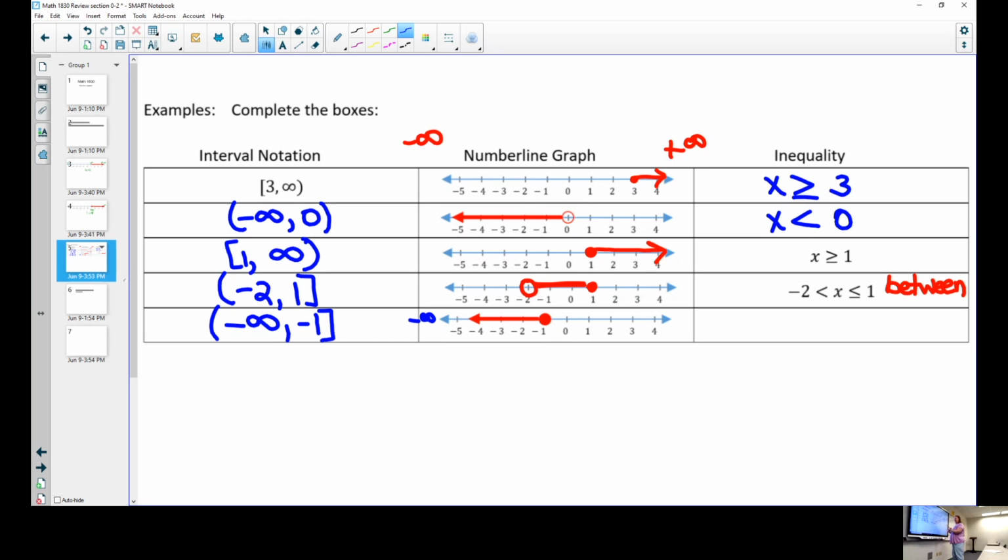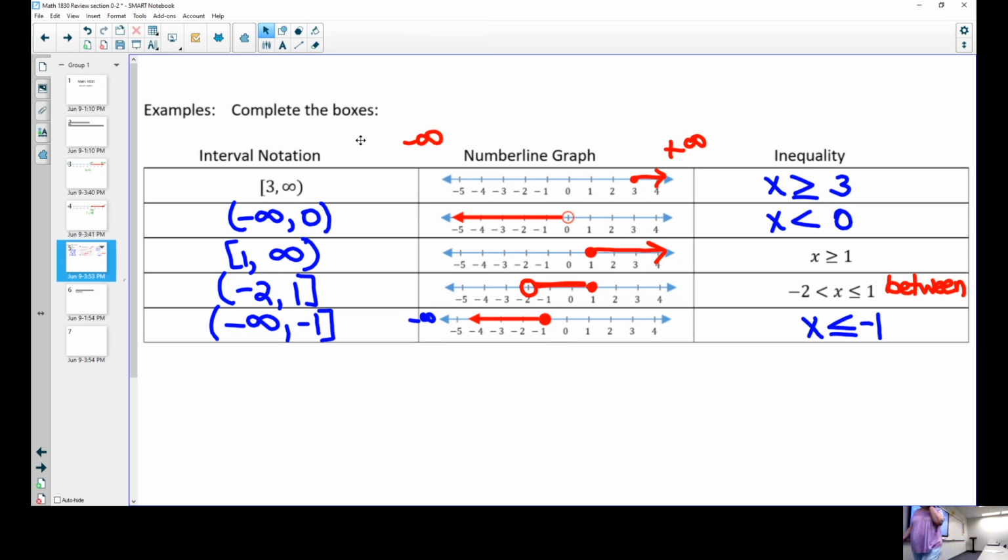So when I come over here, my inequality will get an equal to. So that's going to be X, and then I'm going to have a -1. And these values are smaller than -1. They are to the left of -1. So it will be less than or equal to -1.